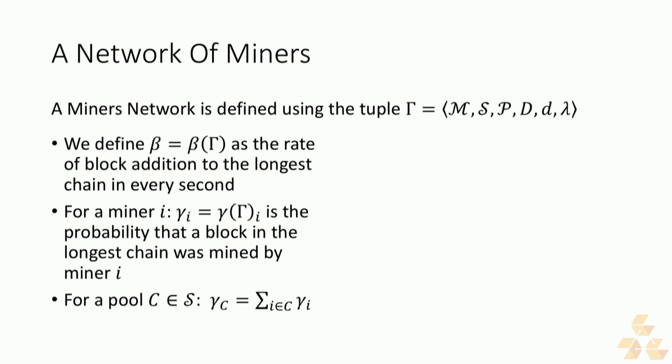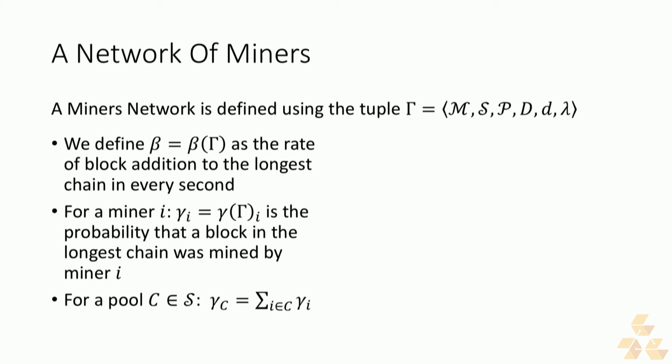The last two things that I need to define about the network of miners: say that I froze the network for 1 second, I say that the beta value of this network is the rate of block addition to the longest chain. Again, not every block that is created will be part of the longest chain. Some of the blocks will be orphaned and will be off-chain blocks, and the creator of this block won't receive any money.